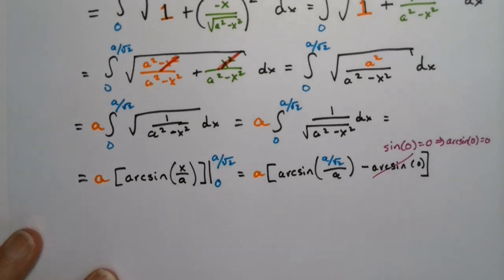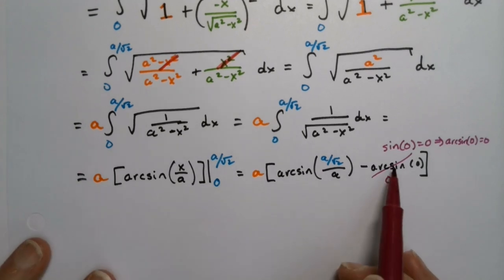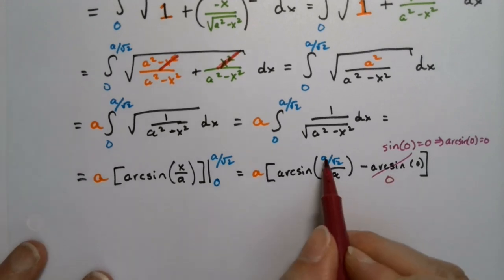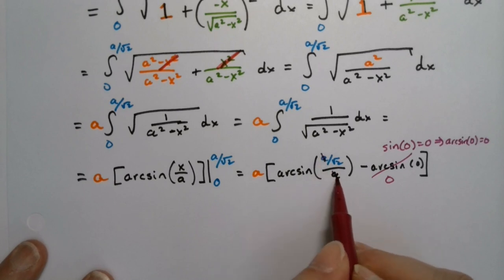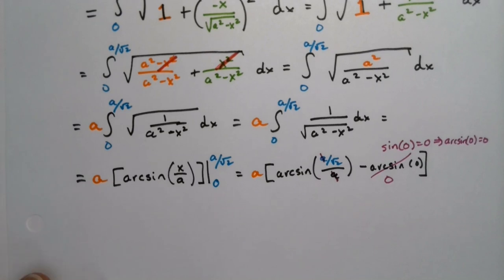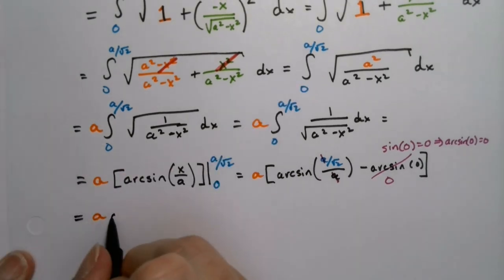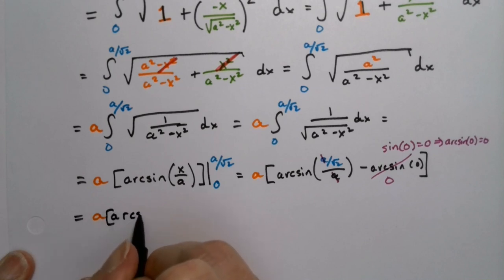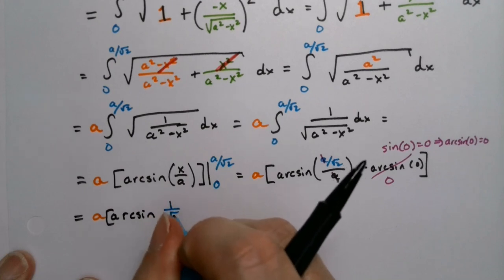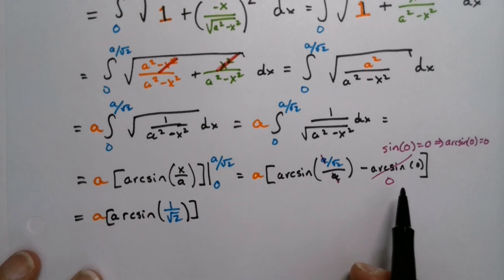So this is done. This is 0, right? The angle 0 has a sine of 0. This over here, what happens is the a's actually cancel because a divided by a divides into 1. And so you're left with a out in front and then the arc sine of 1 over the square root of 2 because the a's disappeared. Minus 0, right? So that's irrelevant.